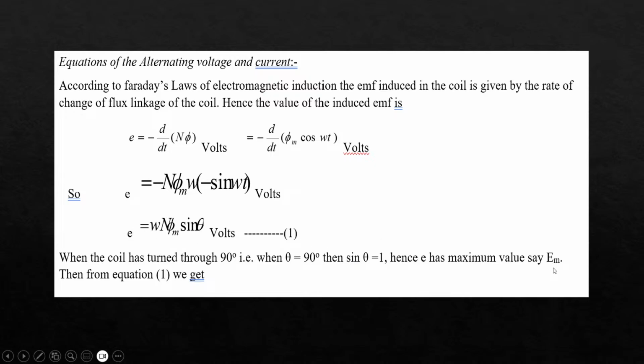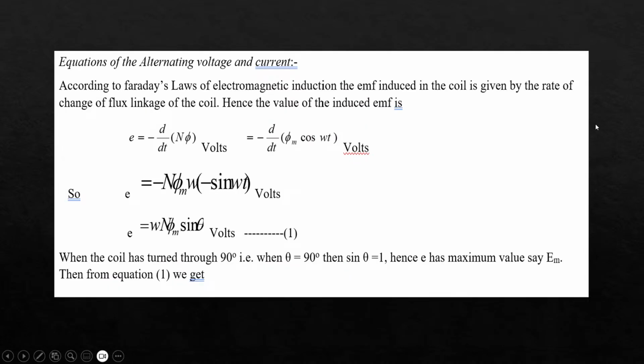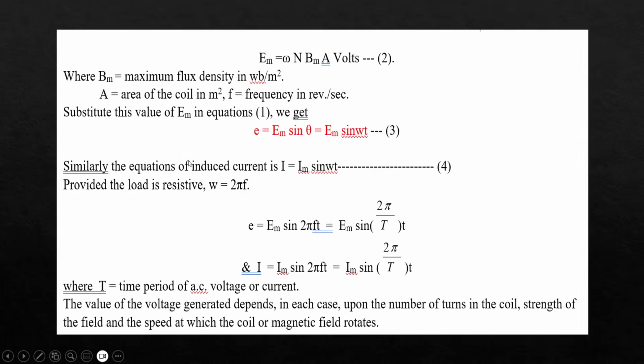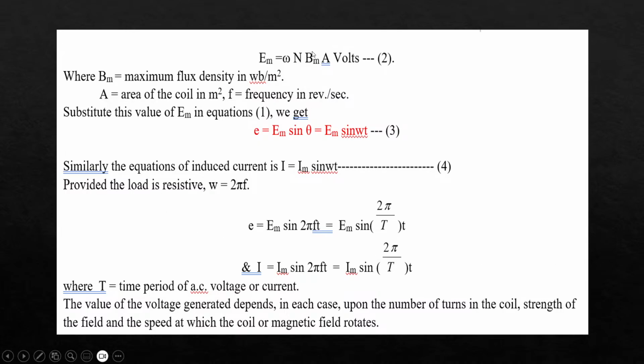EMF is generated, which is Em, the electromotive force. And Em is equal to omega N phi m. Omega stays, sine theta becomes 1. So N stays, omega stays, and phi m is actually Bm into A, the magnetic field into the area.